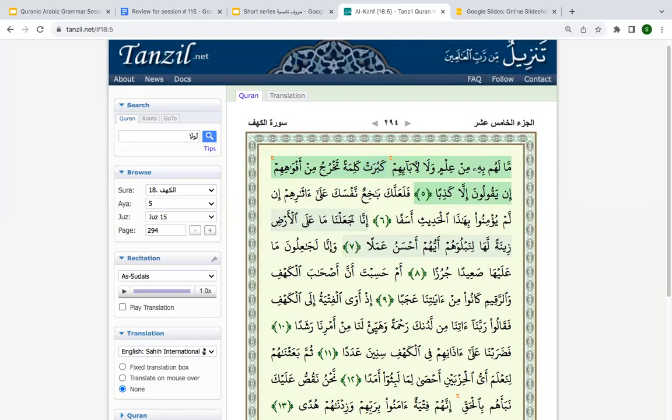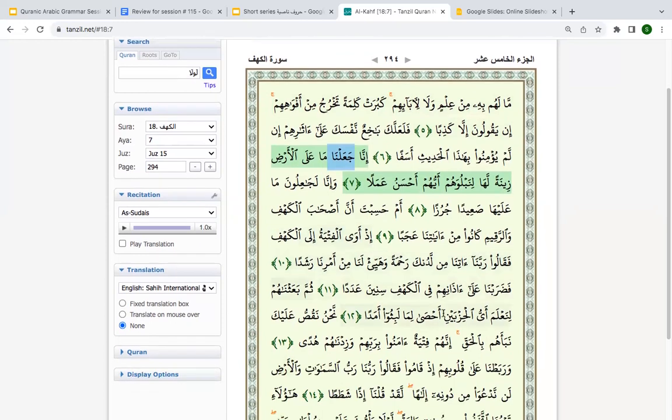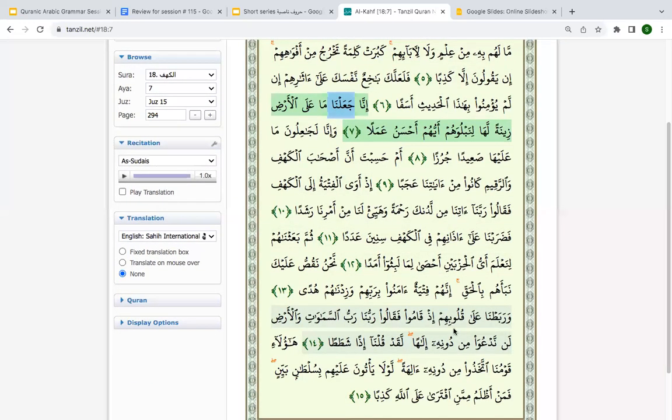Now look at this one. Ja'alna. What do you think? All three, right? Because ainul kalima is maftuha, with fatha. You are going to say it can be bab nasara, daraba, or bab fataha. Now let's see another word so that we don't get very confused and we are all on the same page.